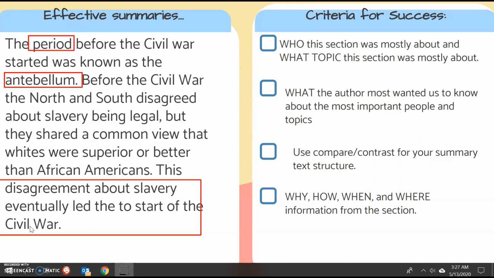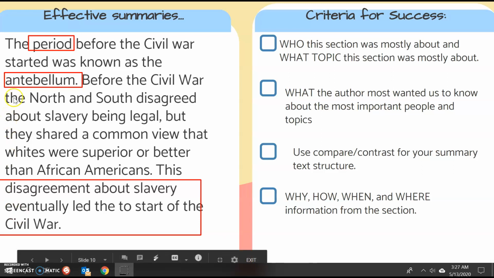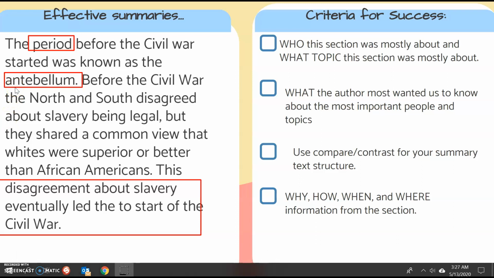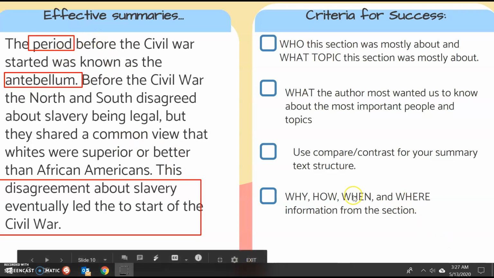You can see that I've identified who or what the topic of the section was mostly about, which is the antebellum period, the period before the Civil War. I explained what the author most wanted me to know about this, which was that there was a disagreement between the North and South about slavery. I also used the same text structure that there was in the section, which was cause and effect.